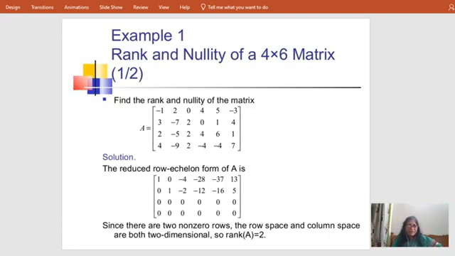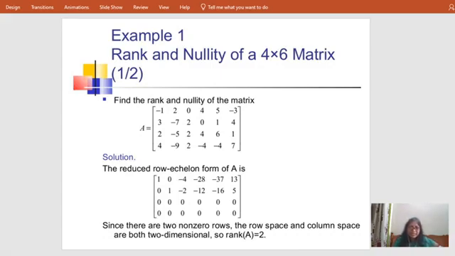And the third row, total 0 elements. Fourth row also, total 0 elements. That means in this 4 by 6 matrix, only 2 non-zero rows exist and total 2 zero rows. So, as there are 2 non-zero rows in the row echelon form obtained from A, the row space and column space will both be 2-dimensional.